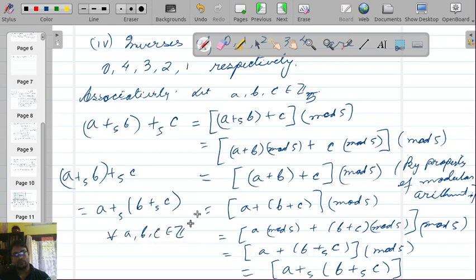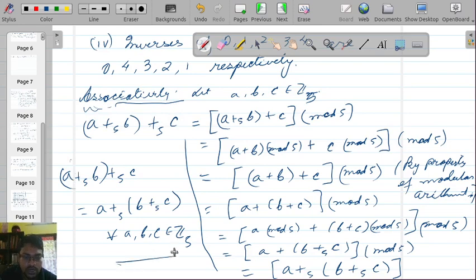It's always better to prove it using this. But in exam, by chance if you run out of time and you do not mention this associative property as well, then your marks are going to be deducted. But if you at least mention that we know addition modulo n is associative, therefore this is what happens, then at least the examiner will know that you know what the associative property is.